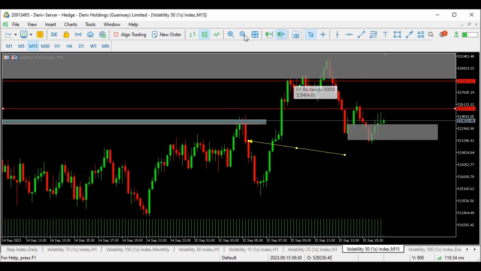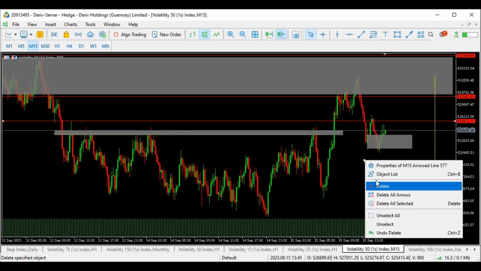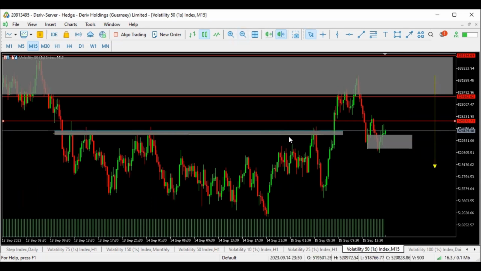Another kind of person is the guy who bought when this resistance level was broken. Let me show you what happened over here. This resistance level was broken, right? This one, which I call a liquidity zone. So there is one guy who bought from here.